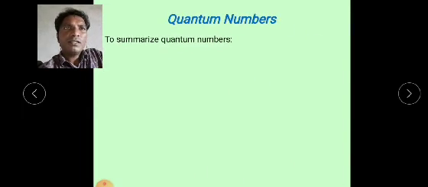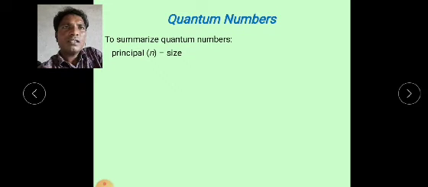Now we come to the point to summarize quantum numbers. So quantum numbers describe all the atomic orbitals. First, the principal quantum number, n, describes the size of an atomic orbital. Second, the angular quantum number describes shape.